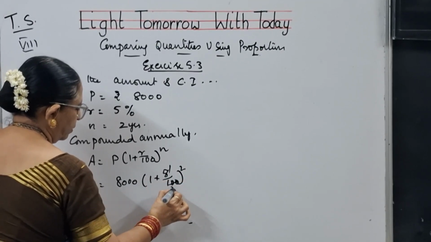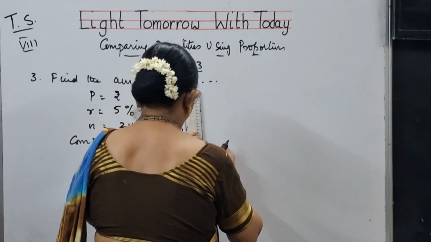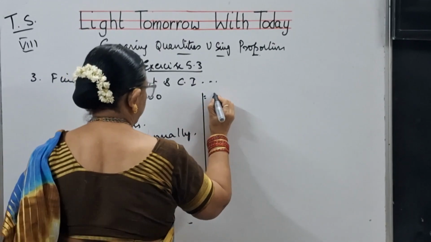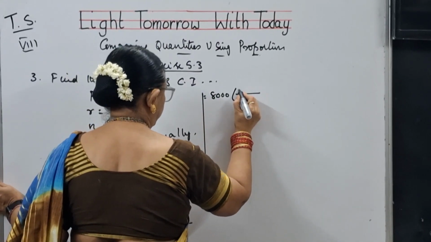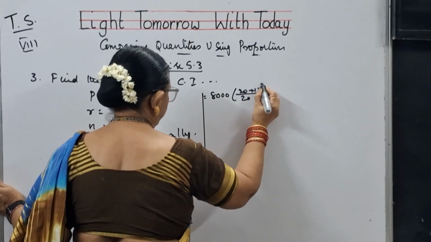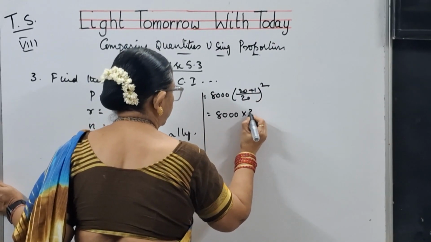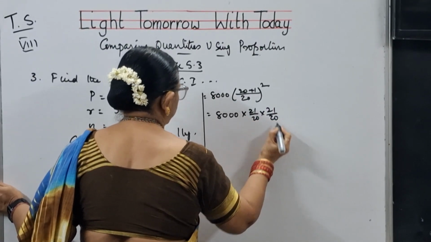5 ones are 5, 5 twos are 10. I will take this as 8,000 into, LCM is 20, 20 plus 1 whole square, that is 8,000 into 21 by 20 into 21 by 20.